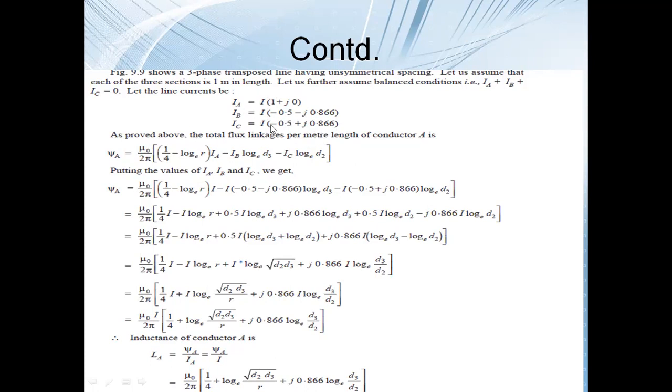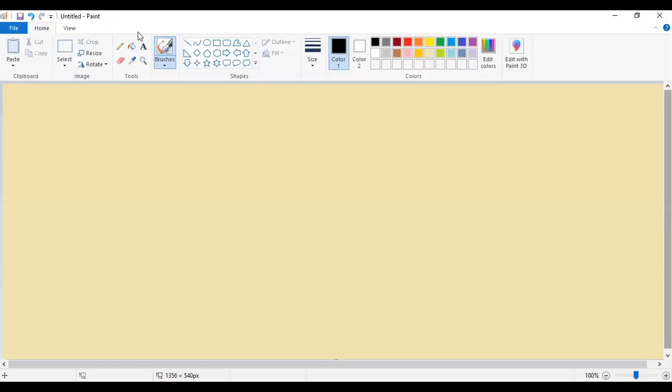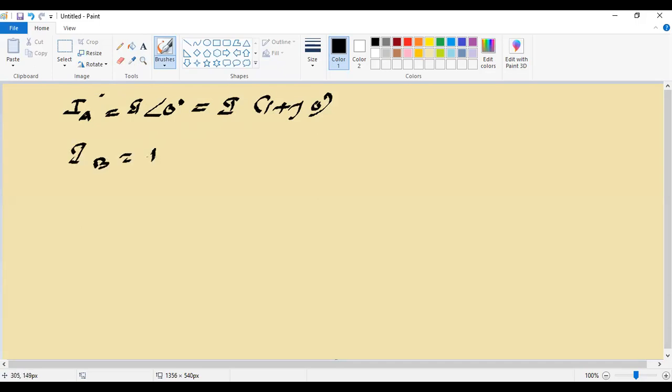Is it clear at this point? Yes or no? I should write here then. So your Ia equal to I angle 0, so this will be I into 1 plus J0. Then your Ib equal to I angle minus 120 degree.